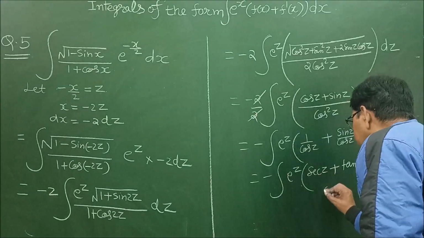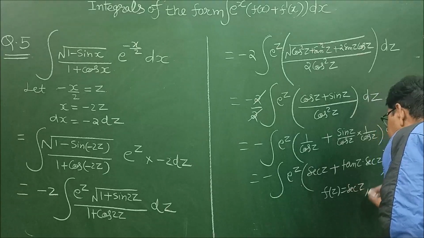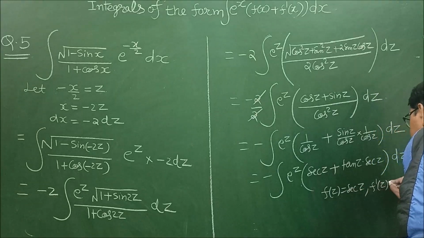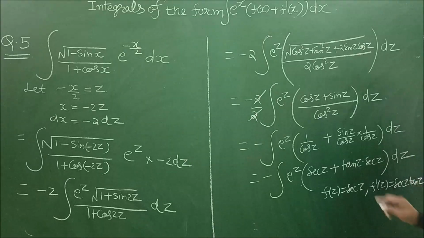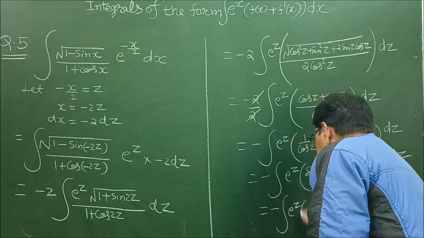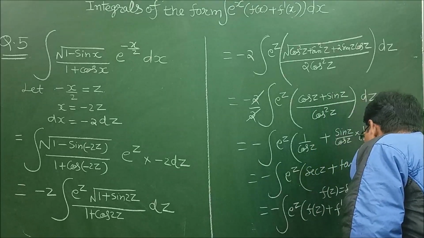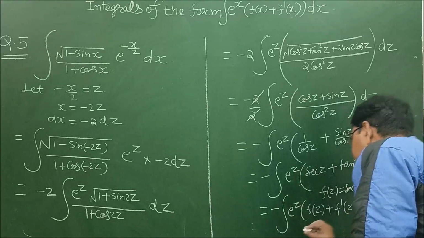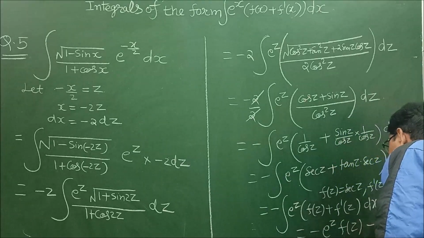So taking this function as f(z) is equal to sec z, then f dash z is equal to sec z tan z. Now this integral reduces to minus e raised to the power z, f(z) plus f dash z, dz, which is equal to minus e raised to the power z f(z) plus c.